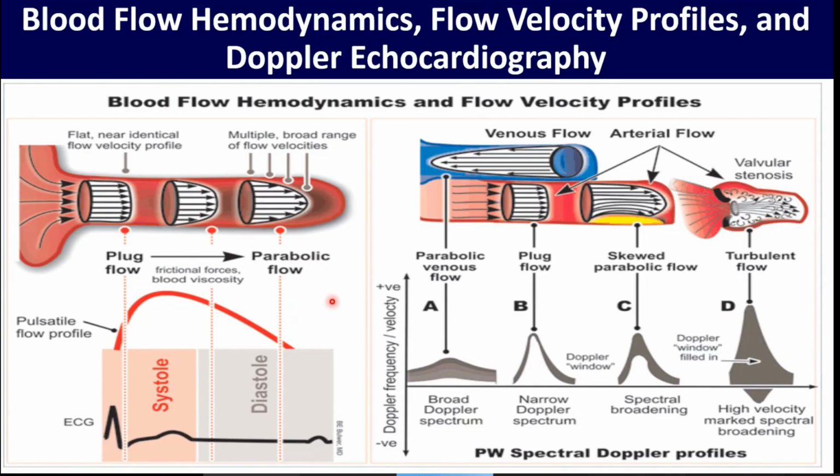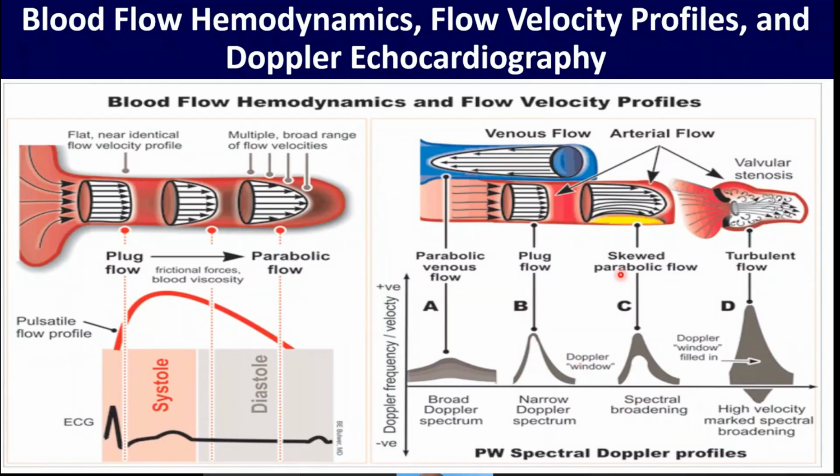If you look at the pulse wave spectral Doppler, if it is a venous flow, which is very low velocity flow, you get a broad Doppler spectrum. But as the flow increases, for example in the aorta, because of the plug flow, you get a narrow Doppler spectrum. Here the spectrum is broad, whereas here it is narrow.